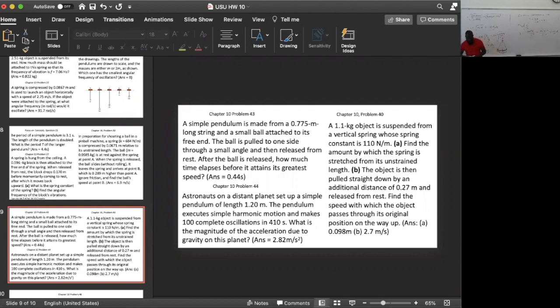The next problem says a 1.1 kilogram object is suspended from a vertical spring whose constant is that. Find the amount by which the spring is stretched from its unstrained length. So we have k and the mass, so we're looking for x. F equals kx, so x equals F over k, which is mg over k. The mass is given, 1.1 times 9.8 over k, which is given to be 110.